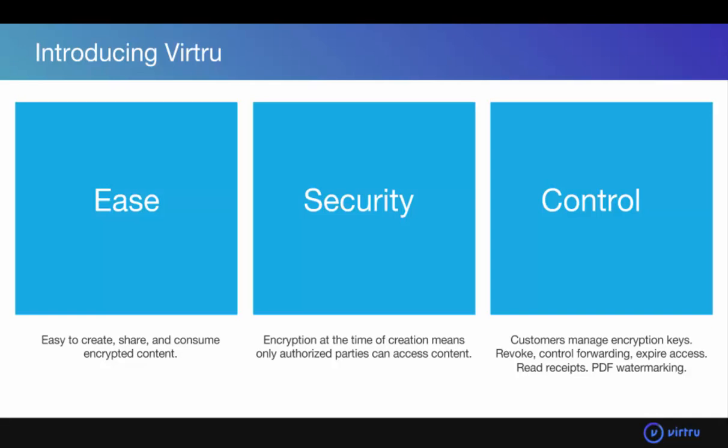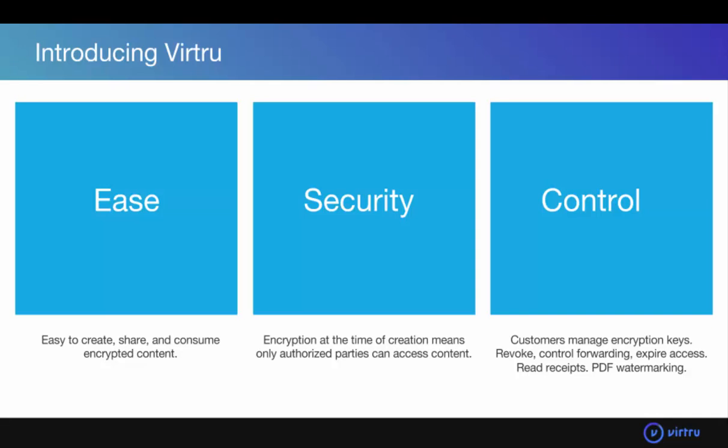The key to Virtru is three key points that we focus on as a company. Number one, we focus on allowing your users, or you personally, an easy-to-use environment that doesn't deal with the onerous process of managing encryption keys and who you can send to and how. We want you to encrypt your most sensitive data as quickly and easily as possible so that you don't have to make hard decisions whether you do that or not.